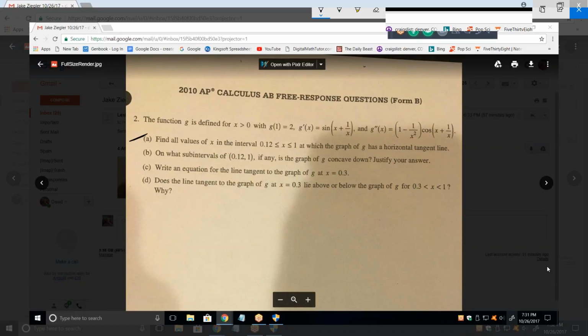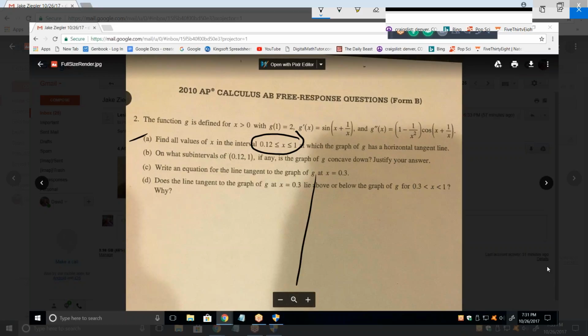Find all values of x on this particular interval at which g, the original function, has a horizontal tangent line. Well, what does that mean about the first derivative? If the original function has a horizontal tangent line, what is the first derivative at that point? The slope is 0.